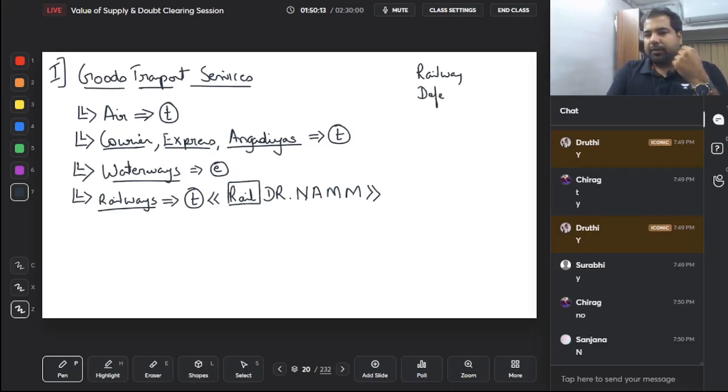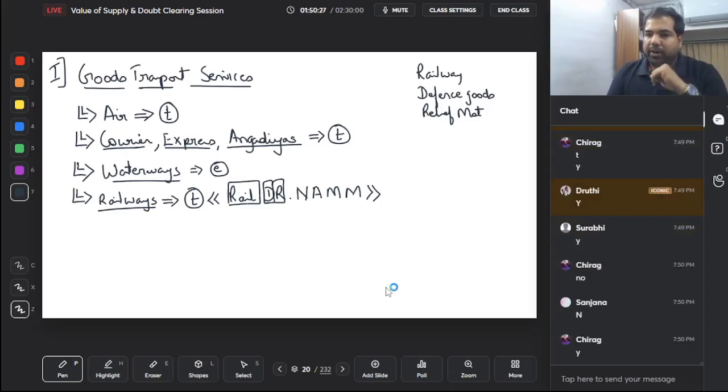Next, defense goods, no GST. Next, relief material, any relief material, example flood victims, Kerala floods, etc., relief material, no GST. Will there be a transport cost? Yes.